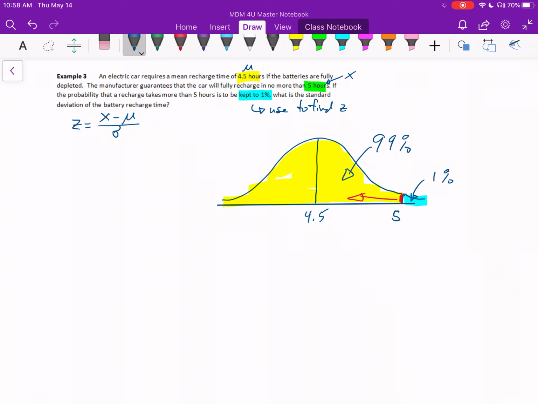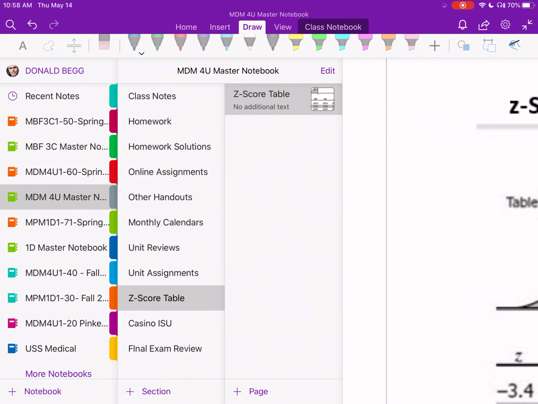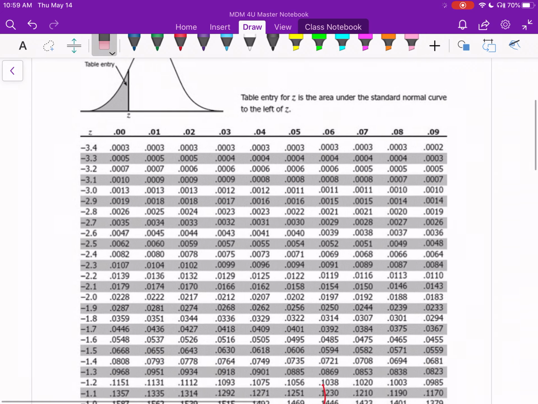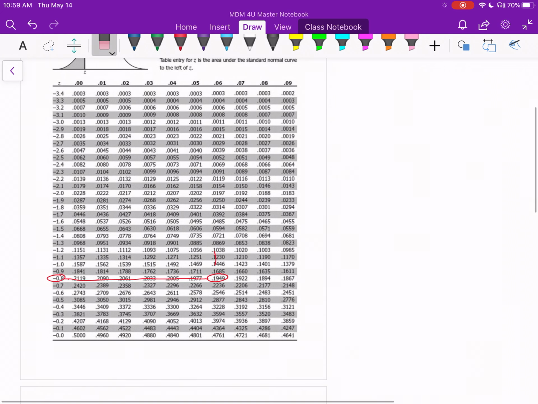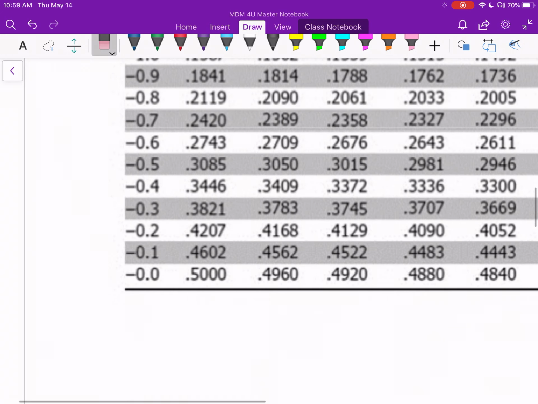So, what's our z-score going to be based on? Based on this. So I'll go to my z-score table, and I need to find 99% on this table. Well, we know that on this side of the table with all the negative z-scores, the highest percent we can find is here at 0.00.